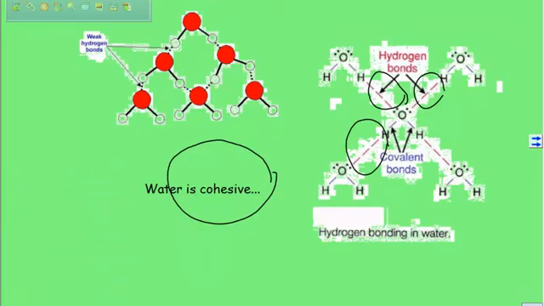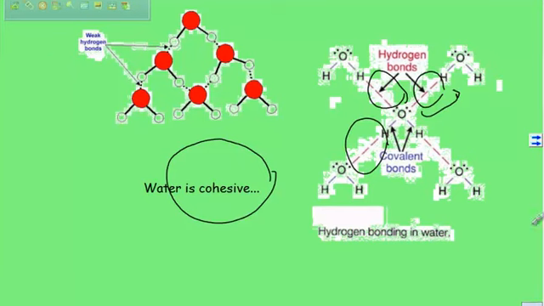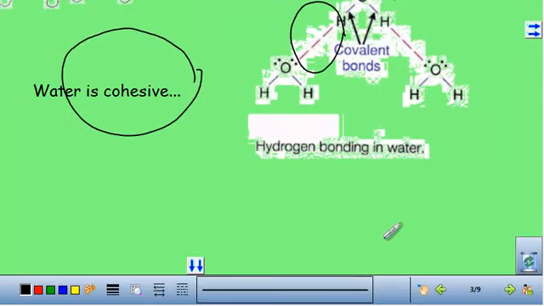And how water behaves in living organisms, that hydrogen bond becomes very important physiologically. The electronegative end of one water sort of lines up or is attracted to the less electronegative end of an adjacent water. And that's what makes water cohesive.